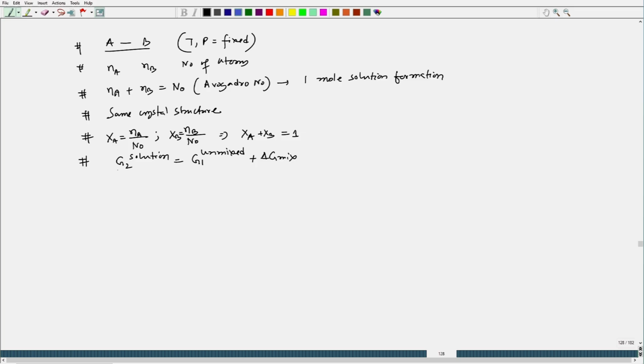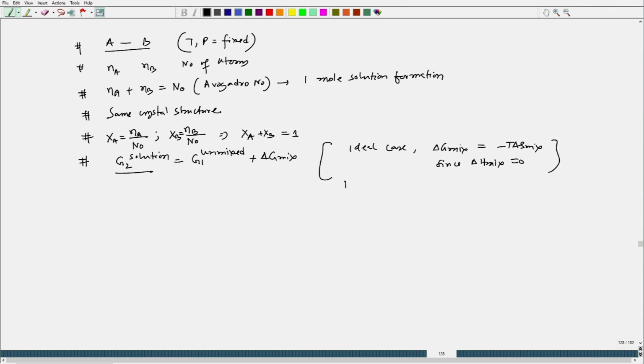And the final interest would be to find out this, but before that, in the ideal case, this equation was very simple. So, del G mix is nothing but minus T del S mix, since del H mix equals 0.